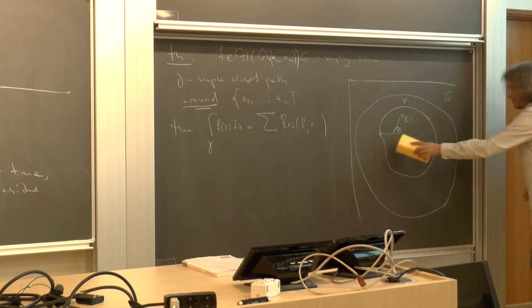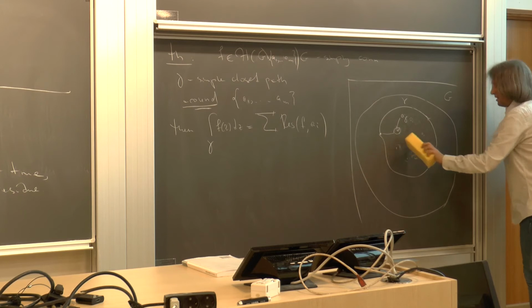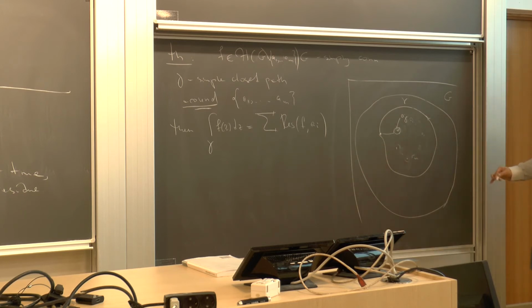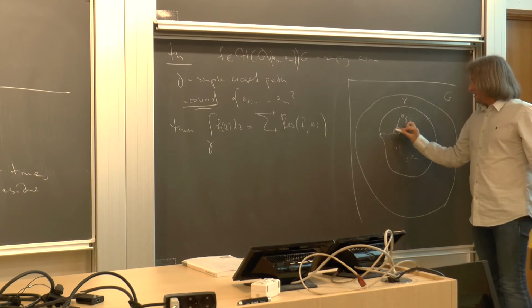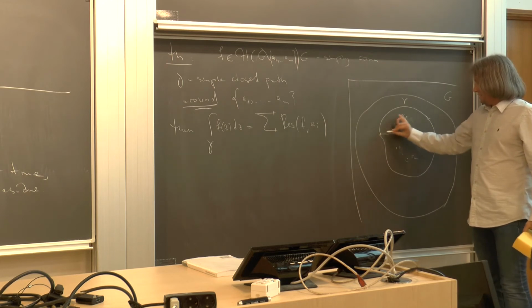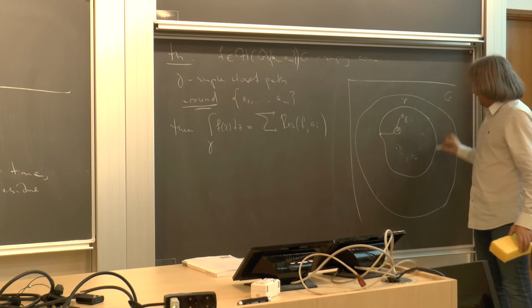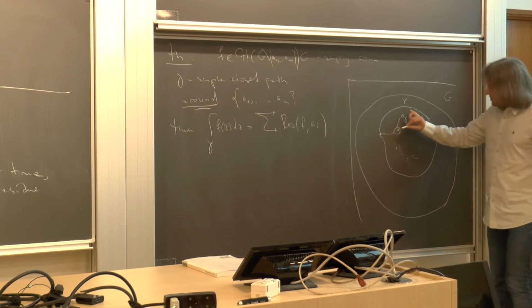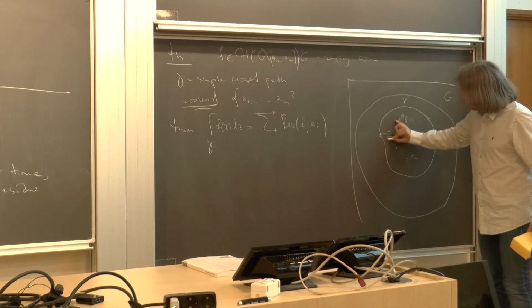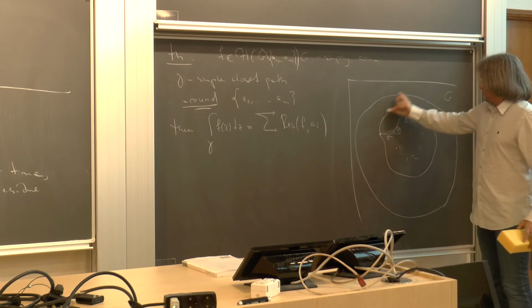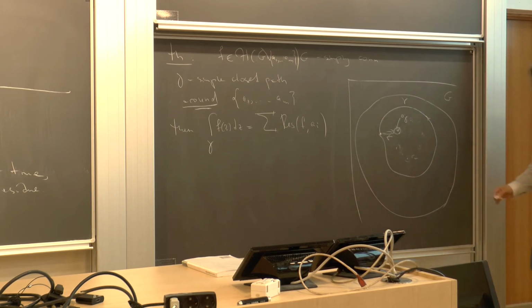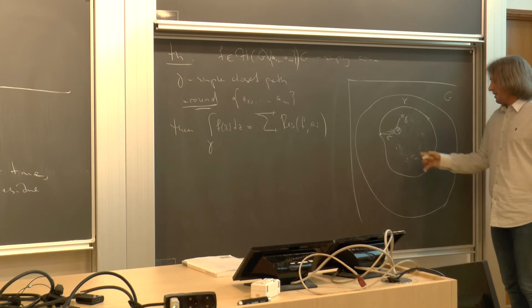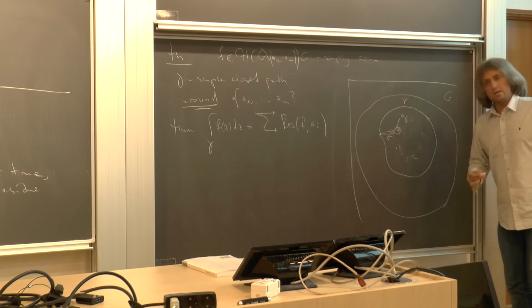So we can ignore other points because P_j doesn't have a singularity there. And now, as always, we consider the cut which connects the small circle around a_j and this closed path gamma. And the usual considerations show that the integral over gamma is expressible as the integral over the small disk.